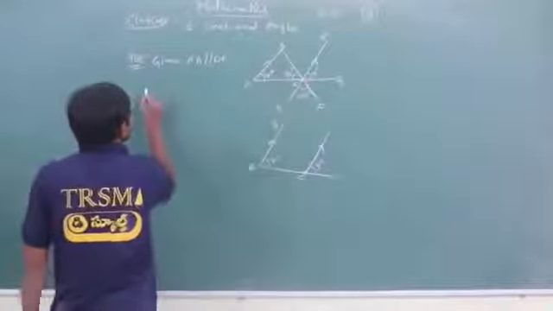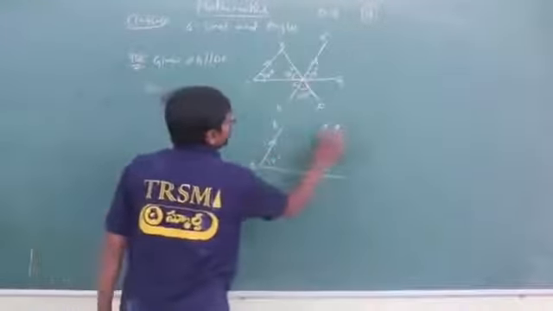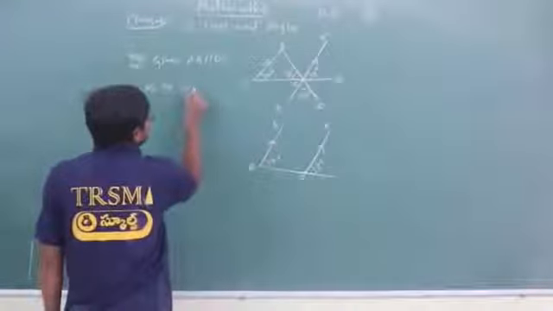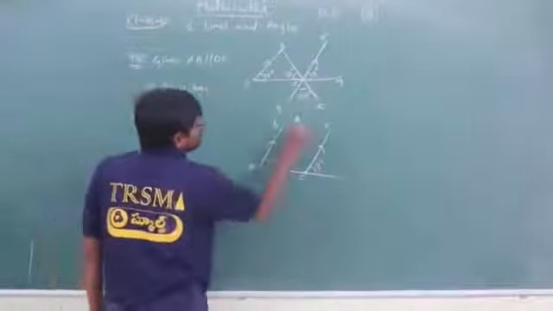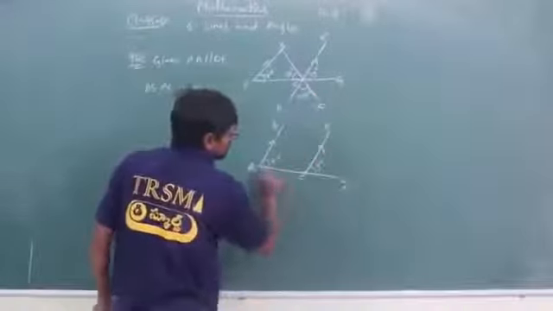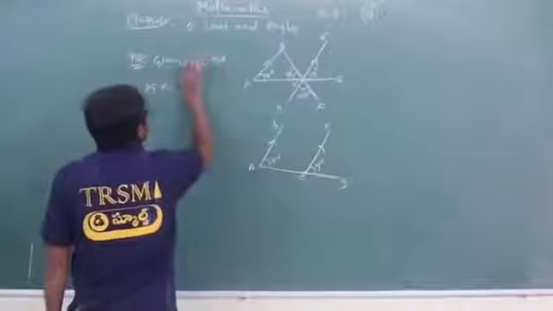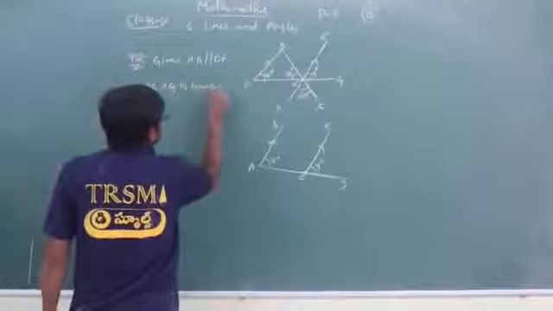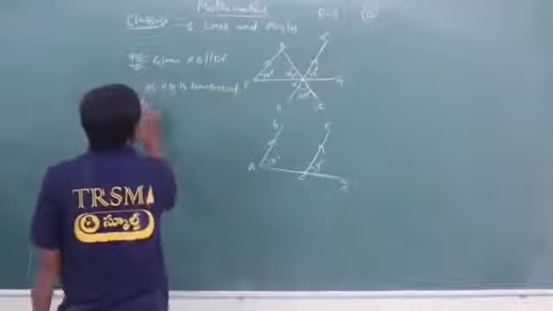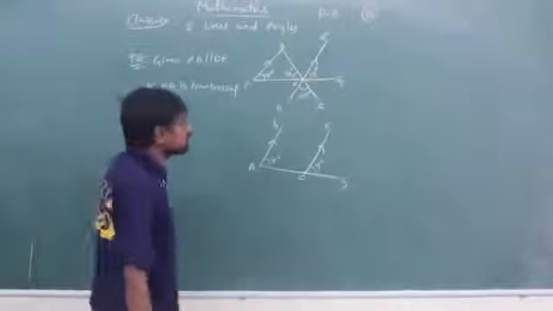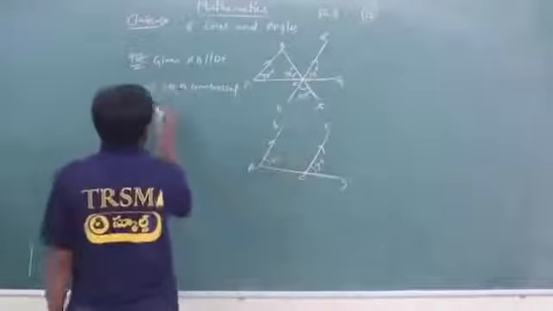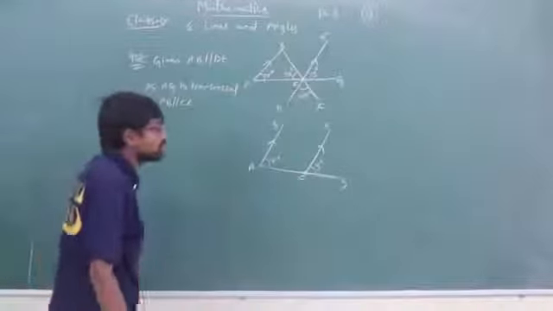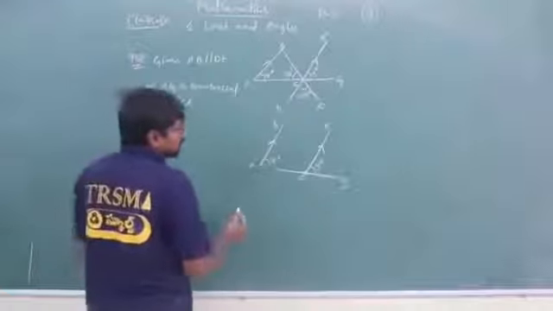As AG, as we have extended, is a transversal to AB parallel to CE, isn't it? So what do we know?